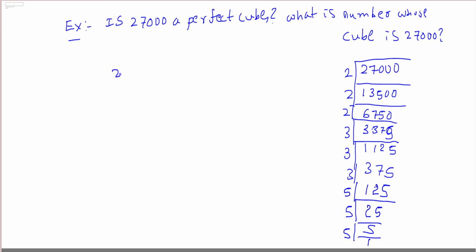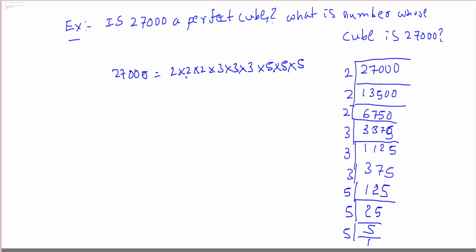See, 27,000 can be written as 2 into 2 into 2, 3 into 3 into 3, 5 into 5 into 5, like that. First group the factors.